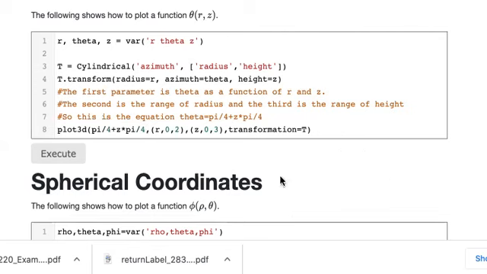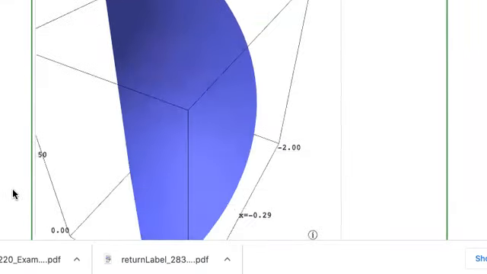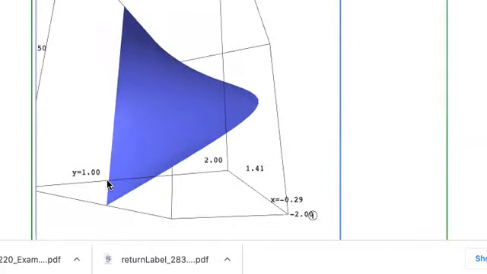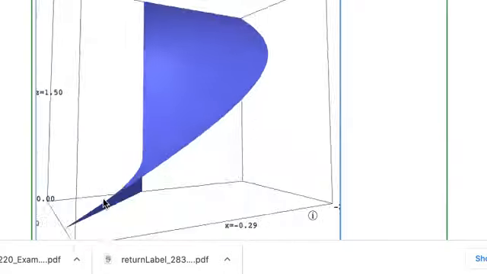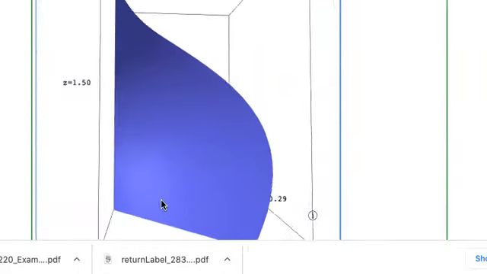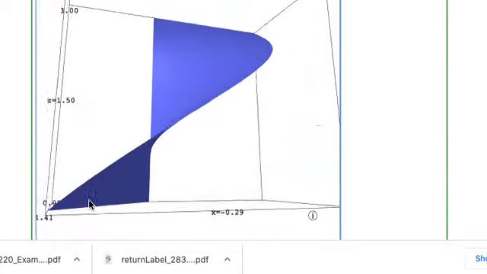Okay, so let's press execute and see that. And yeah, do you see the twist? So it twists, and then it goes. But we're only looking at one half, rather.